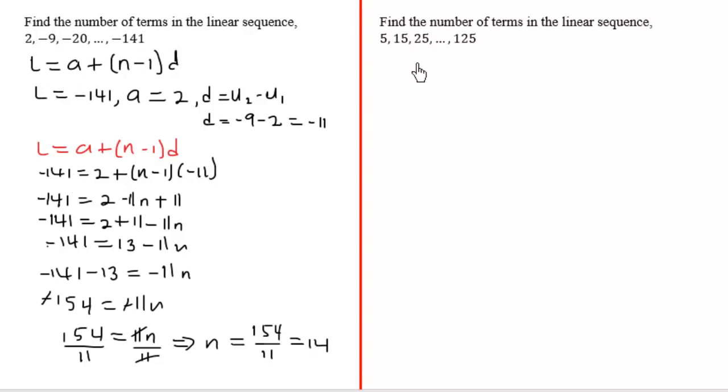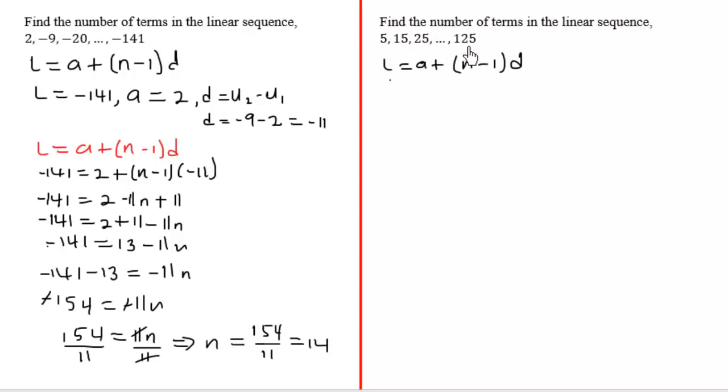Alright, now let's take another question on the same slide. The question is, find the number of terms in the linear sequence 5, 15, 25, and the last term 125. So using the same relation, L is equal to A plus in brackets n minus 1 D. Note that we use this relation when the last term is known.